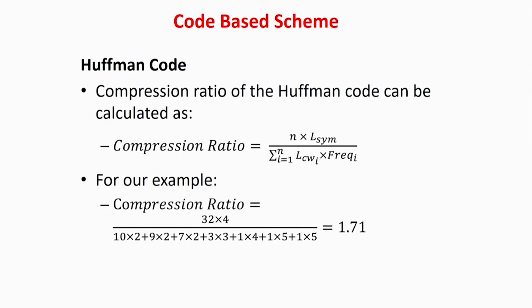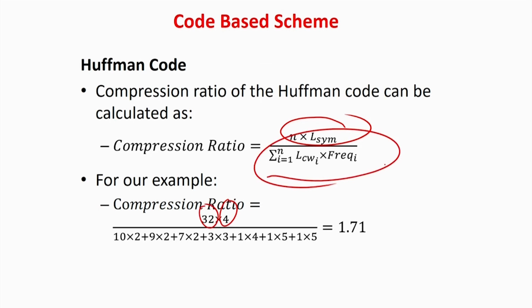This is the expression given for the compression ratio. If you are using flat, it will be n into the number of symbols: 4 bits and 32 patterns, that is flat. In this case, if you are using Huffman coding, then 10 into 2, that means 10 is the frequency, and those patterns only require 2 bits.